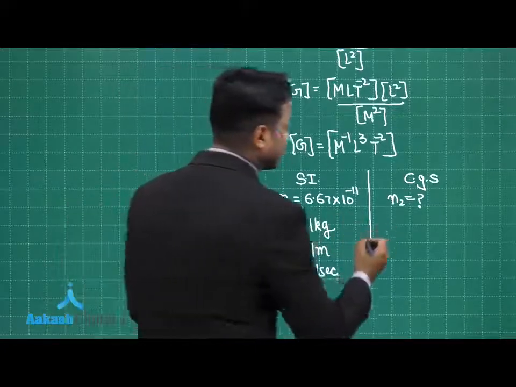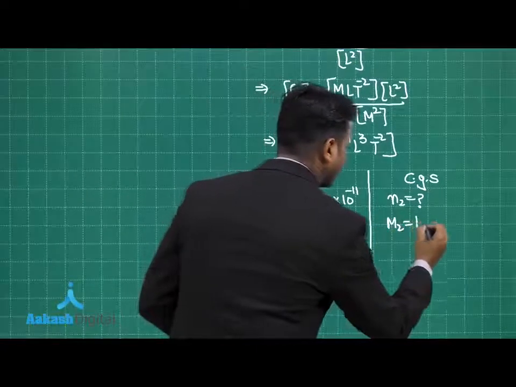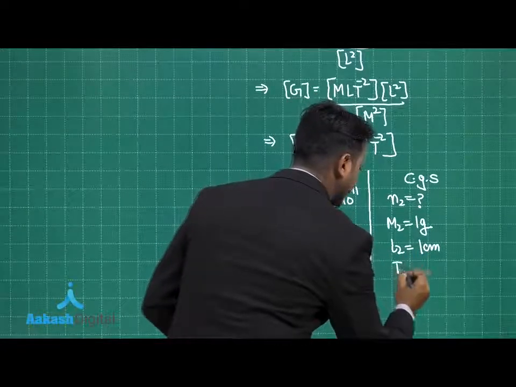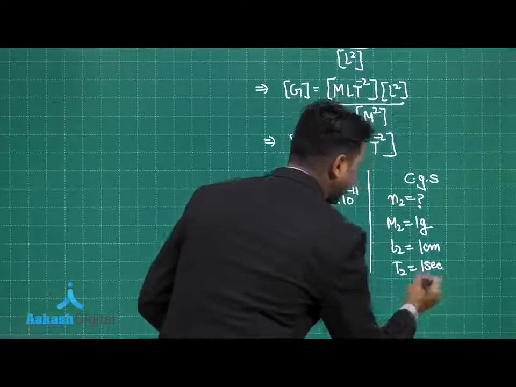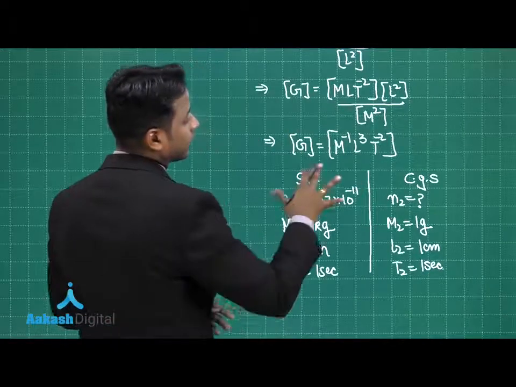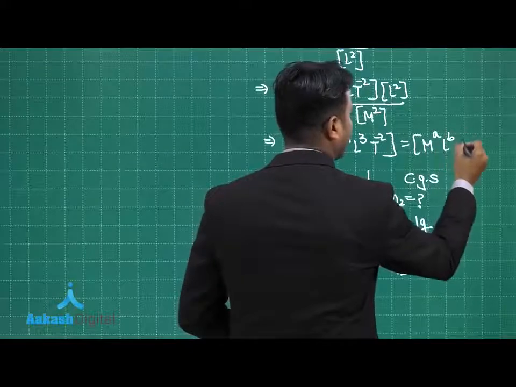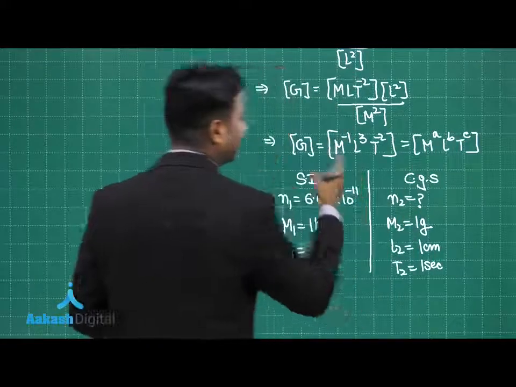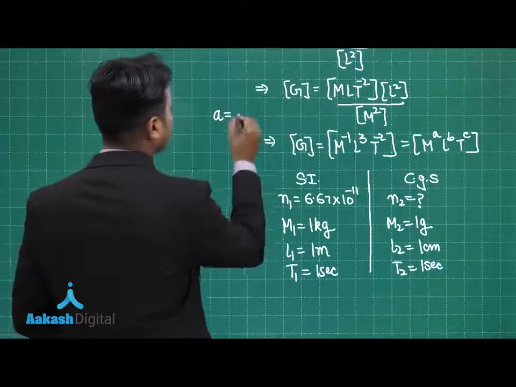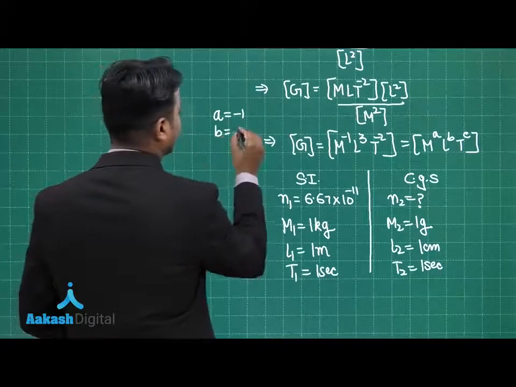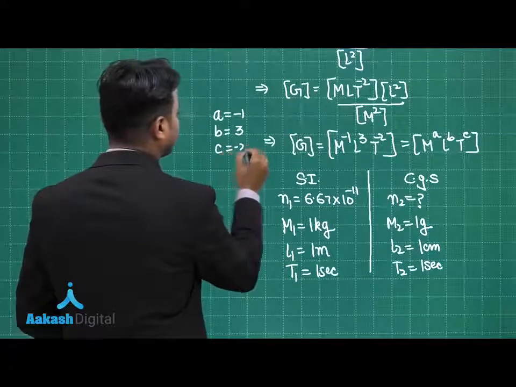In the CGS system we have m2 as 1 gram, L2 as 1 centimeter and T2 as 1 second. Now you can clearly identify this: m to the power a, L to the power b, T to the power c, and from here you can clearly see that the a value is minus 1, b value is 3 and c value is minus 2.